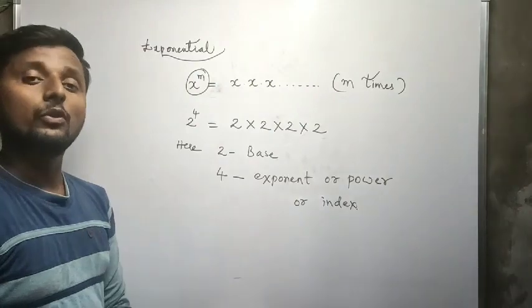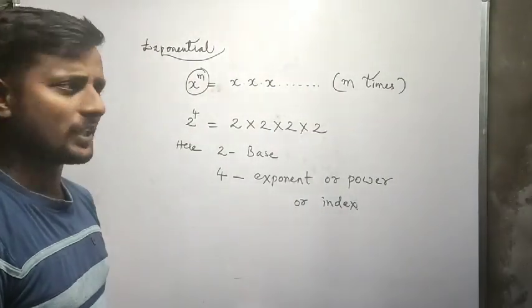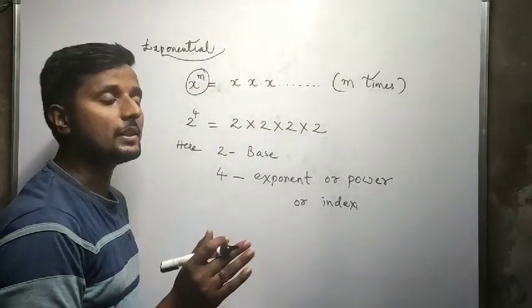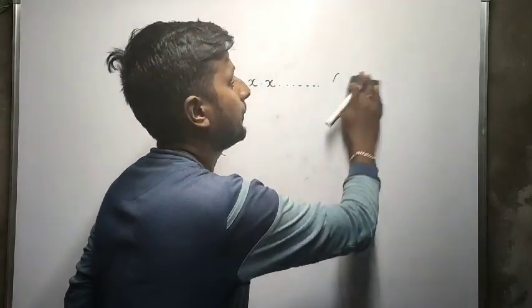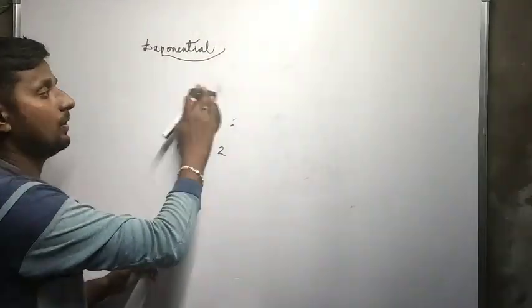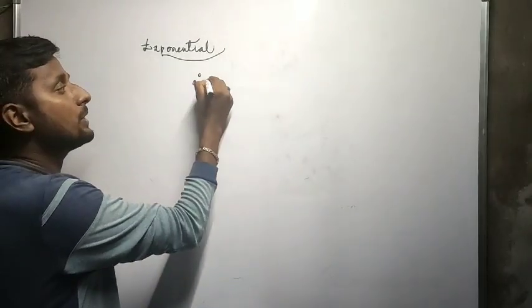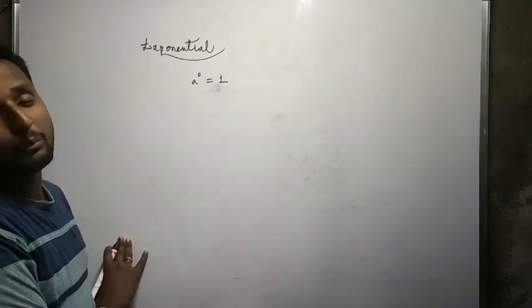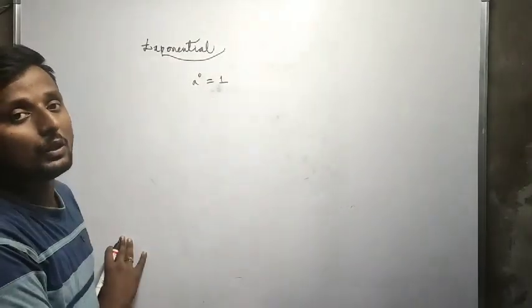Now we'll see some formulas of exponents. We know the laws of exponents. Now look at a power 0 is equal to 1. If you take any number with power 0, with index 0, the value will be 1.